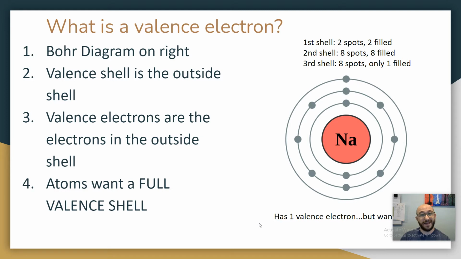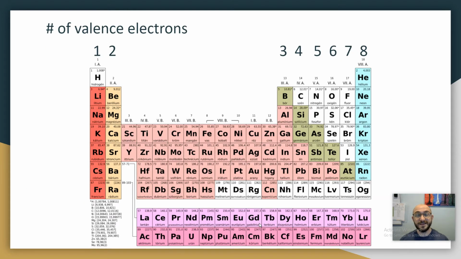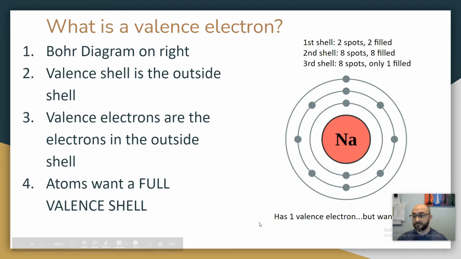It's the only one in that last shell. That last shell is called a valence shell, and the 1 electron in it is called a valence electron. So sodium has 1 valence electron. And if we go back to here, you can see that sodium, Na, is in the first column, which has a 1 written on the top of it, telling me it has 1 valence electron. Yeah, it all works out.